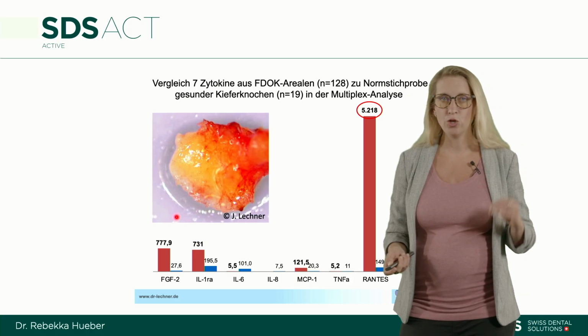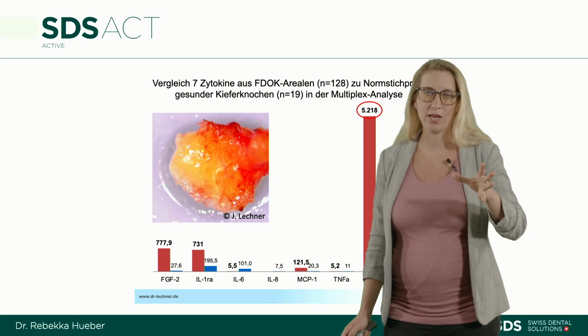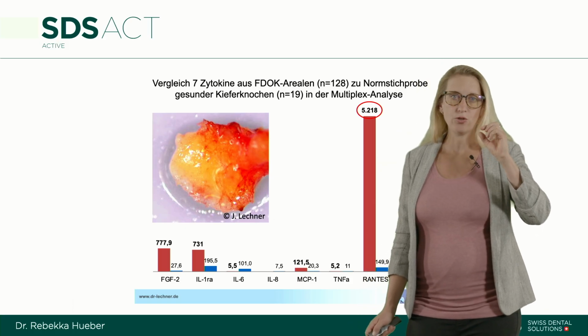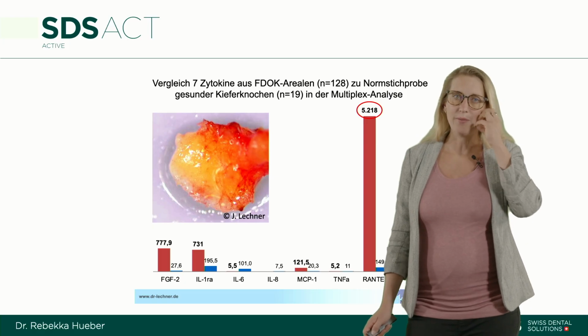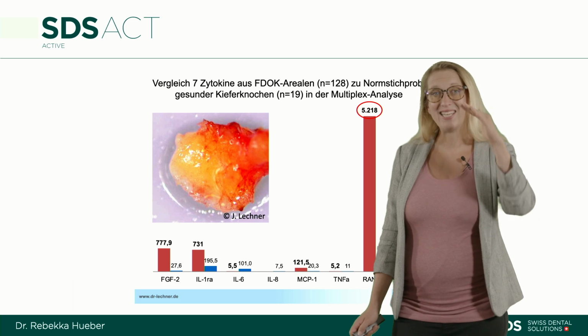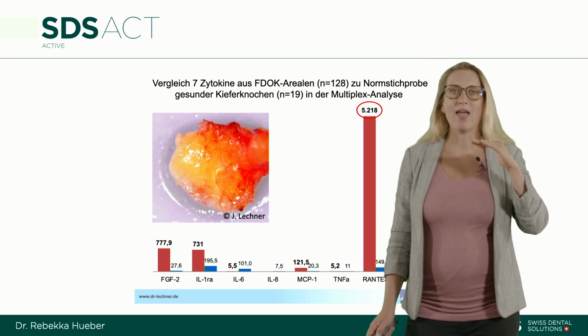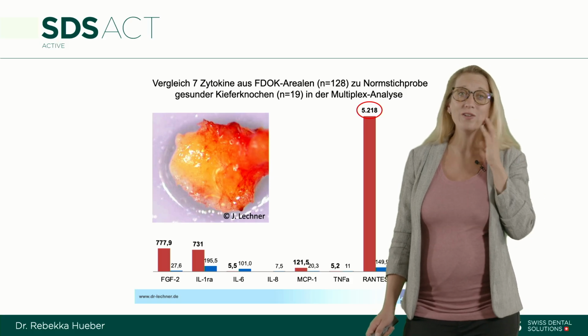Interleukin-1 is an acute cytokine. That means it induces an acute inflammation with the reaction of edema, swelling, pain, heating up of the area. So this interleukin-1 is depressed, and that's why patients often don't feel pain.